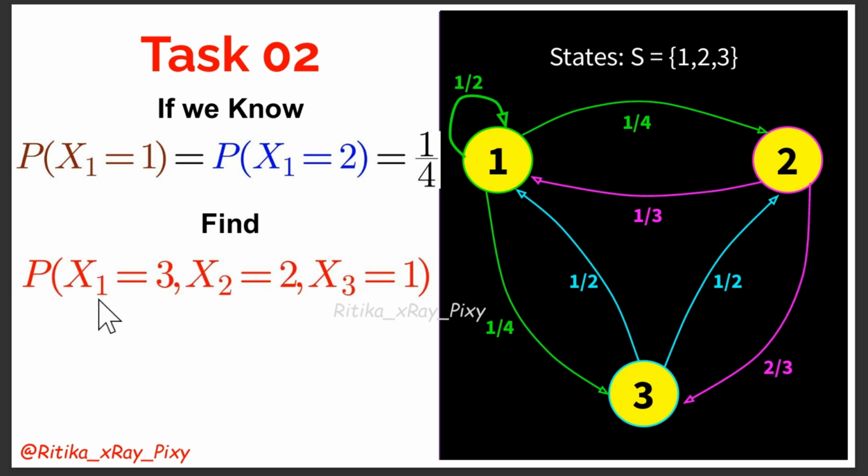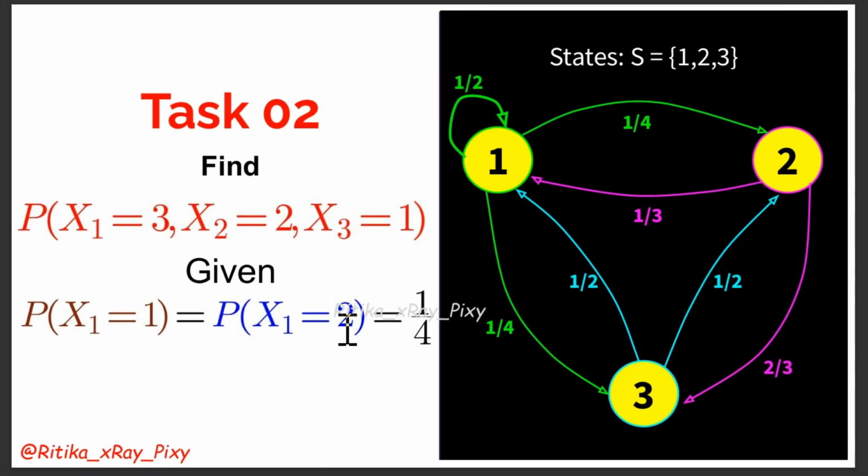Here you can see, find P of X1 equal to 3, X2 equal to 2, X3 equal to 1. So here we will find the joint probability for this, given that the probability of X1 equal to 1 is 1/4, and the probability of X1 equal to 2 is 1/4. Now step by step we will calculate this.